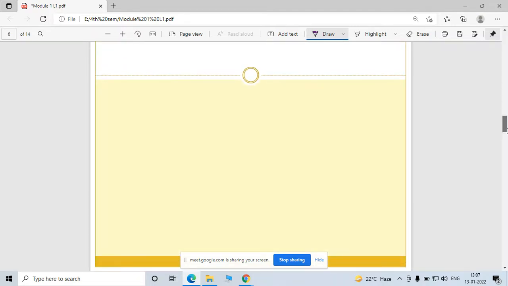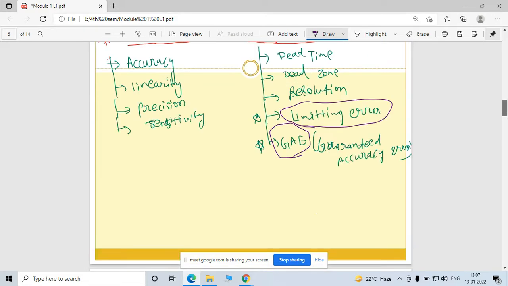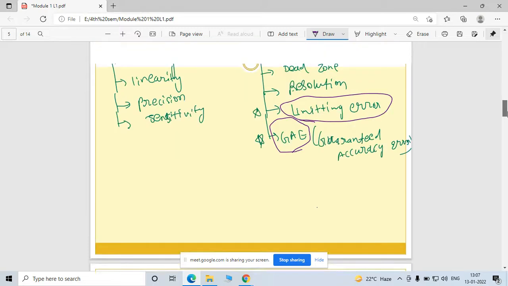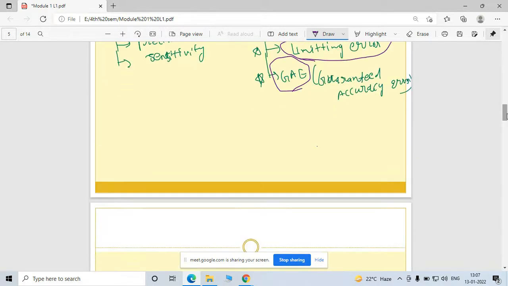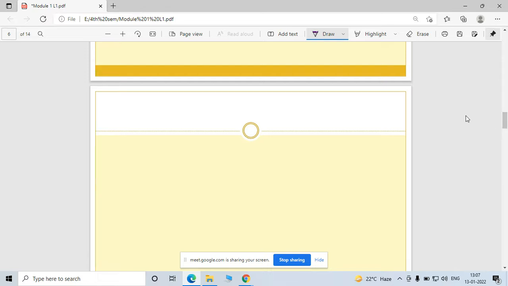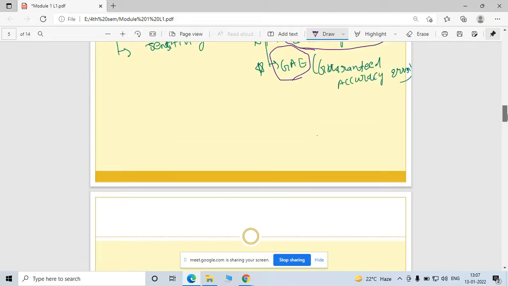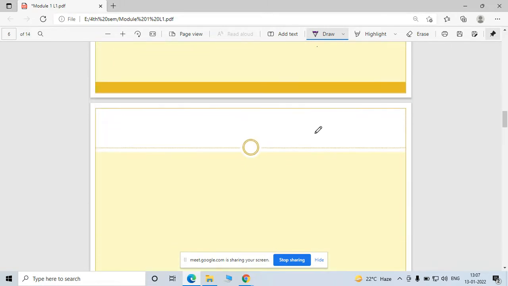Now only 10 minutes are left, so today I will cover guaranteed accuracy error, and tomorrow we will cover limiting error.